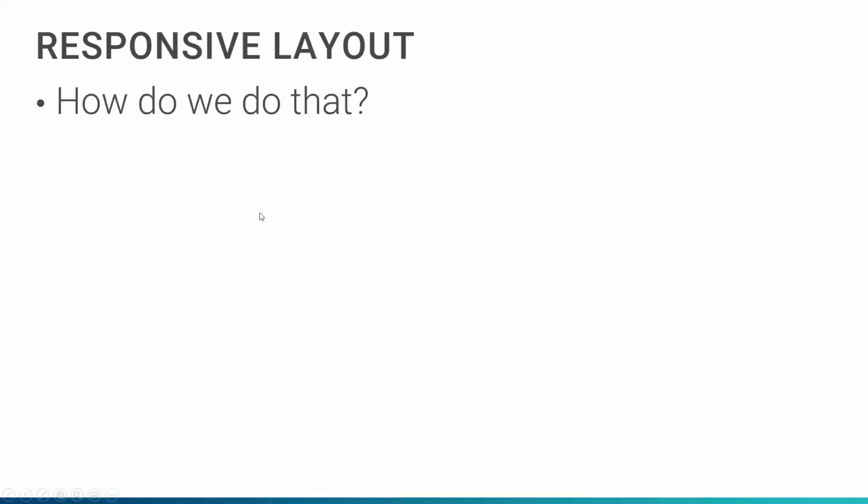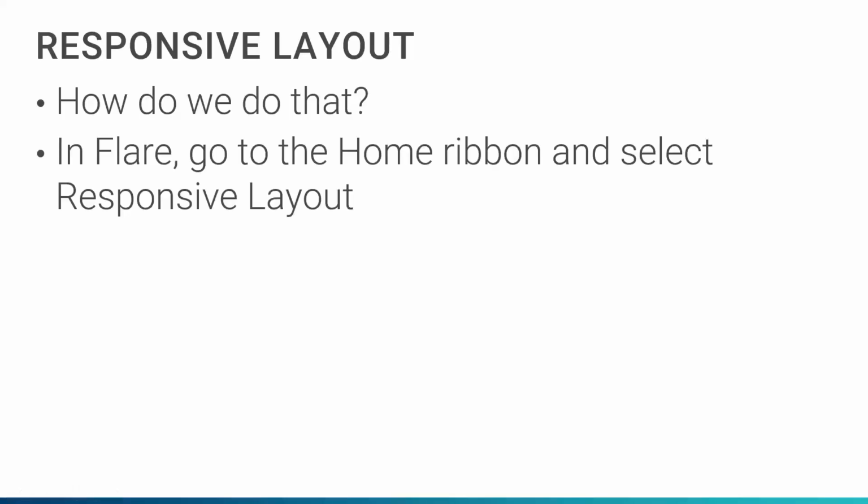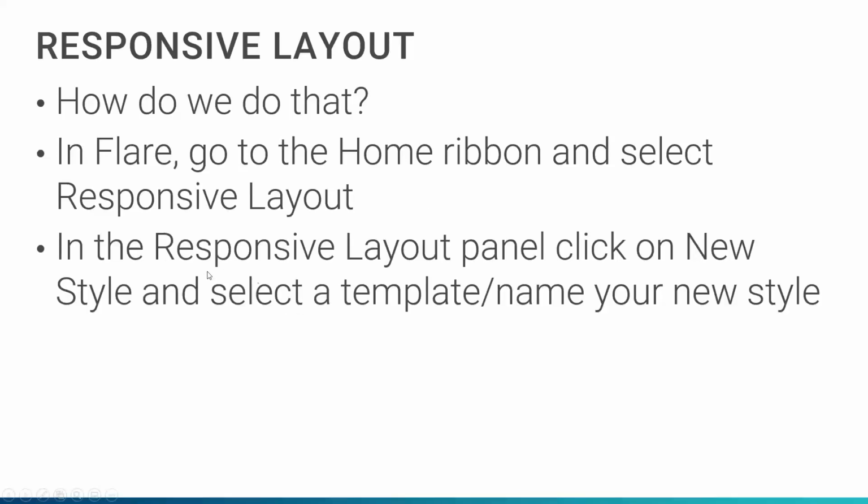So how do we do that in Flare? Well, again, these slides will be downloadable, so I really included this for the people who download the slide deck. We're going to do this live in a moment. But you go into Flare, go to the home ribbon, and select responsive layout. That's going to add a special panel on the right of your editor. In the responsive layout panel, click New Style, then select a template and name it.